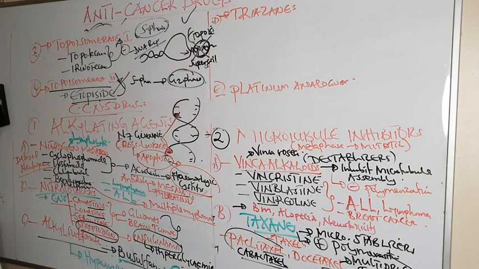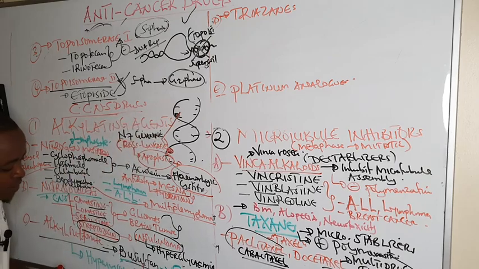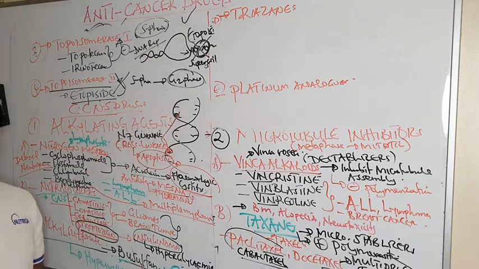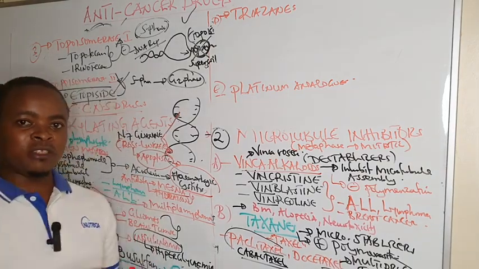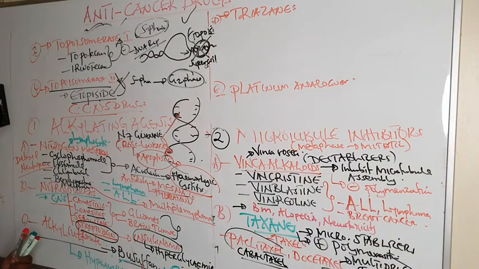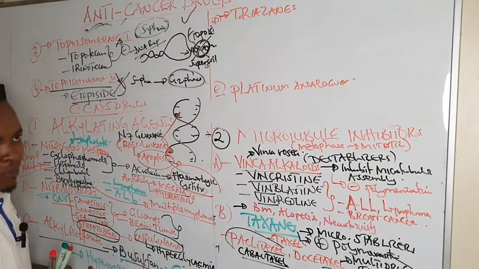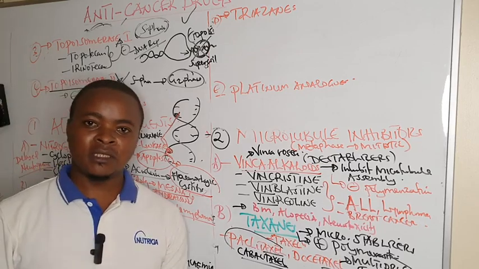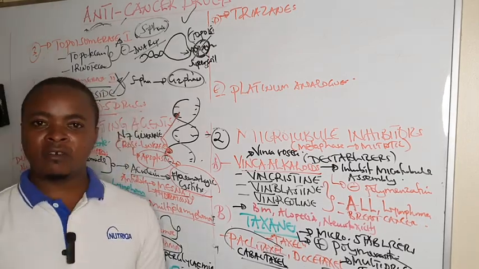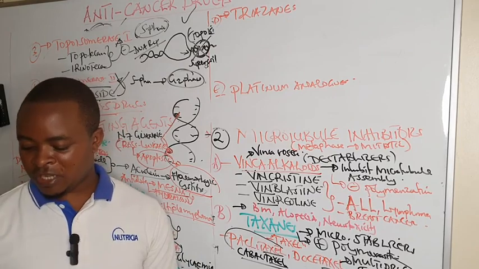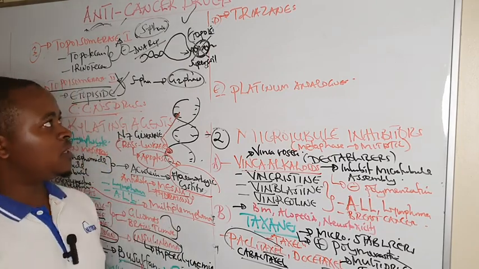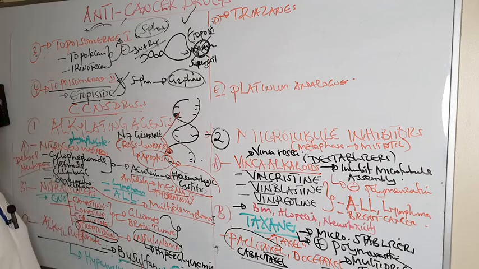It causes cross-linkage by forming carbonium ions, which destroy the DNA. Treatment of CML, and its major effect is hyperuricemia, which can lead to gout. So you must test for levels of uric acid when you are giving busulfan, which is an alkyl sulfonate.